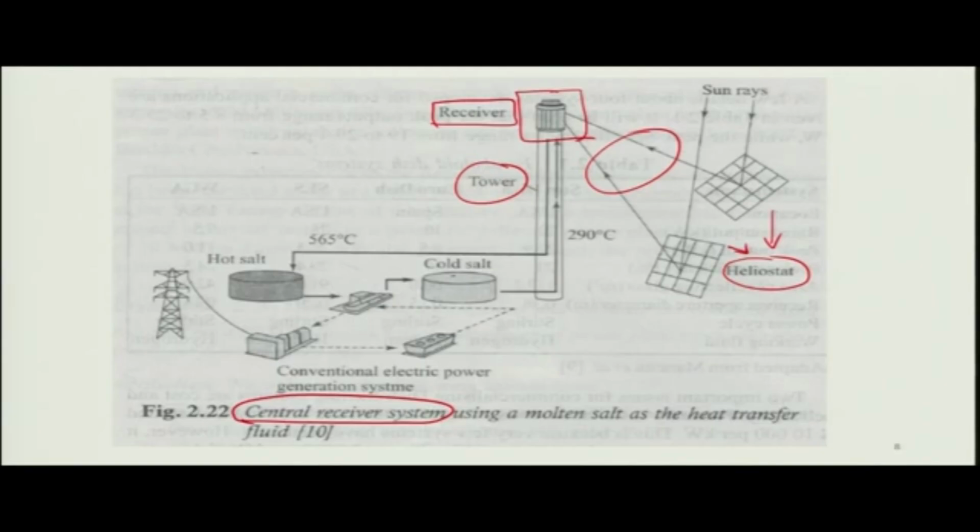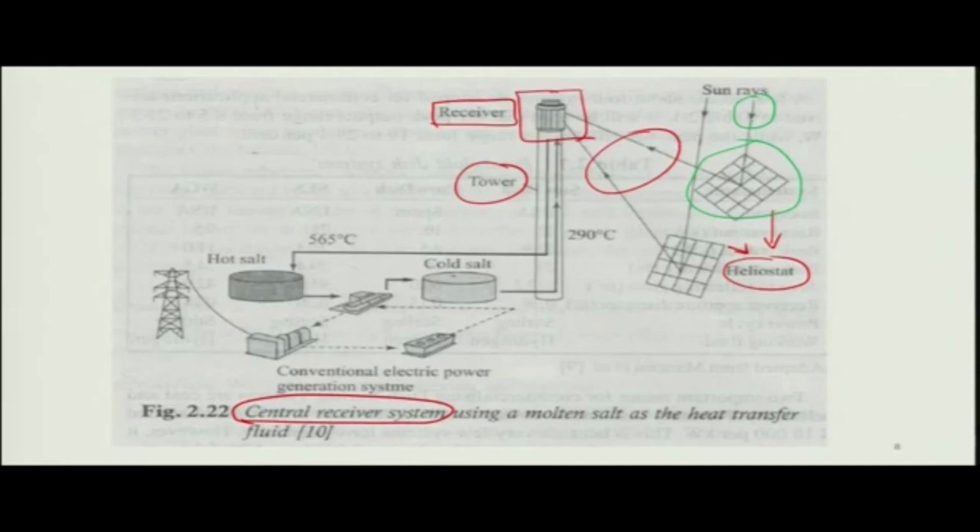My point in giving you this overview of different concentrating optics is that for all these concentrators to work, you require perfect tracking of the sun. For example, take this particular heliostat and this general direction of sun rays falling on it.